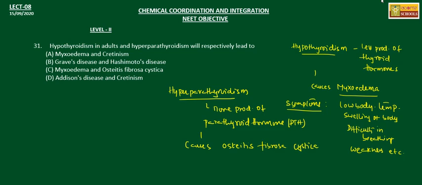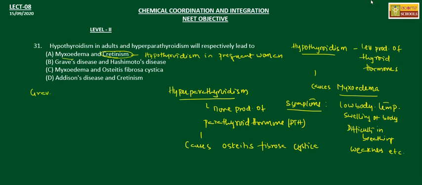Both are conditions of hypothyroidism, myxoedema and also cretinism. Cretinism is seen especially in the children of pregnant women with the hypothyroidism condition. Then coming to the next option, Graves' disease.